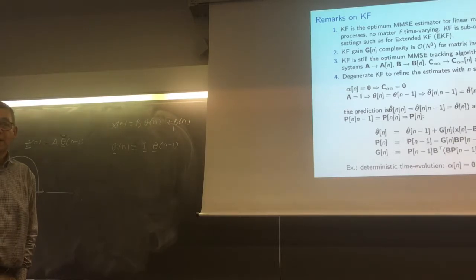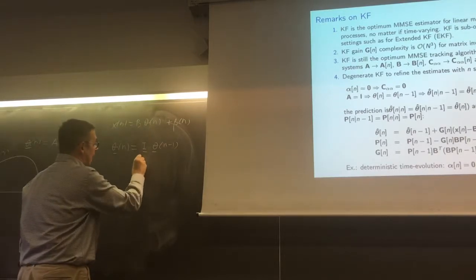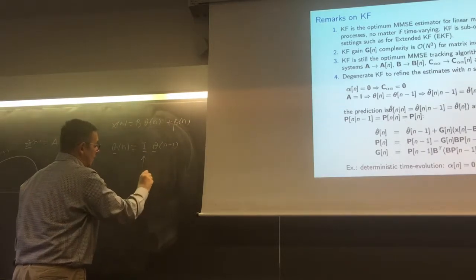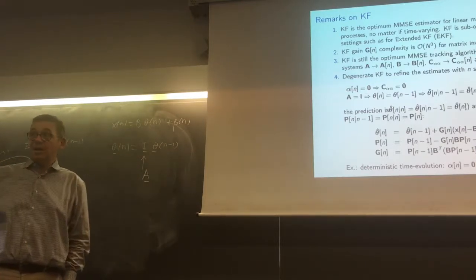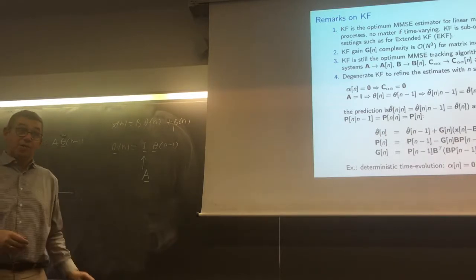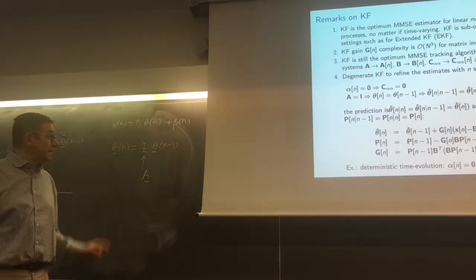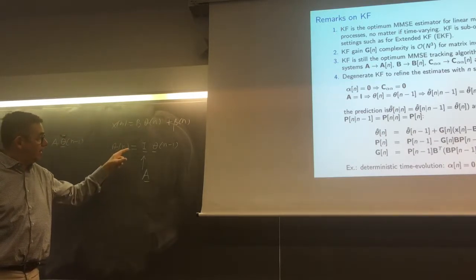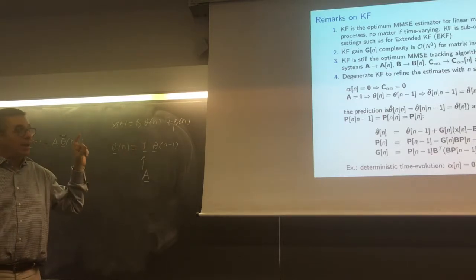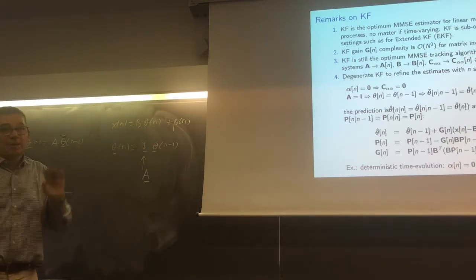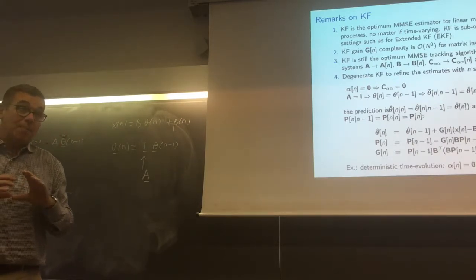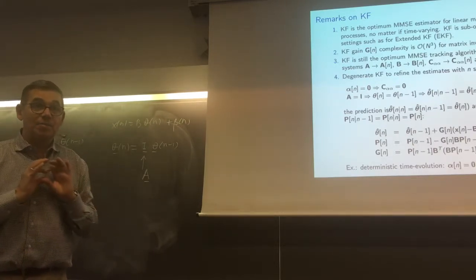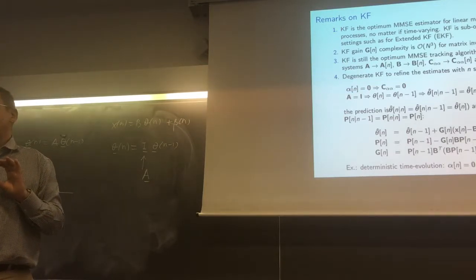Look at here. This plays the role of the matrix A, and I can estimate iteration by iteration the value of theta. Now, since the state is not evolving in this degenerate case, what happens? The more observations I put together, the better I estimate the parameter theta, which is not changing.